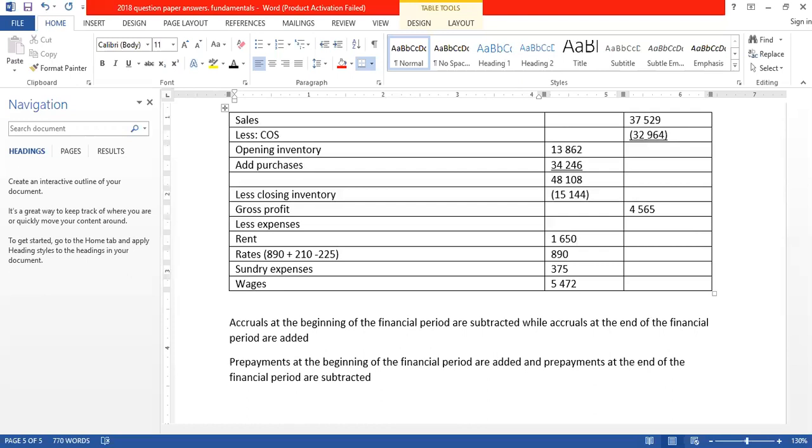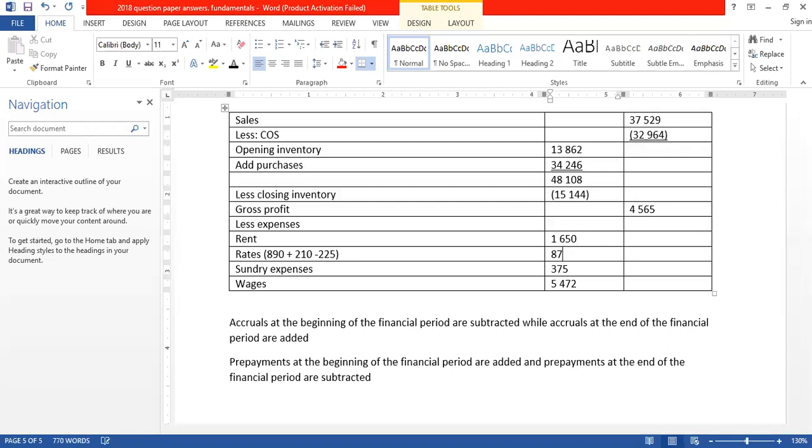January belongs to the next financial period, and therefore information that does not belong to this current financial period should be subtracted. So 890, you add 210, you minus 225, and then you get an amount of 875.